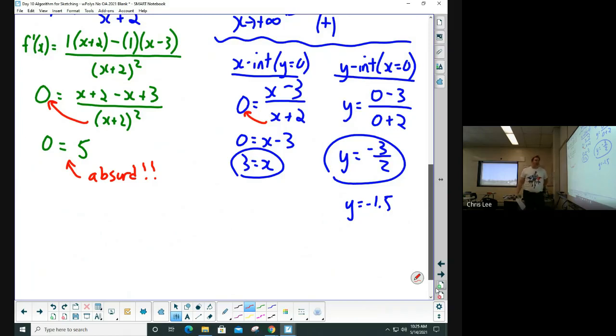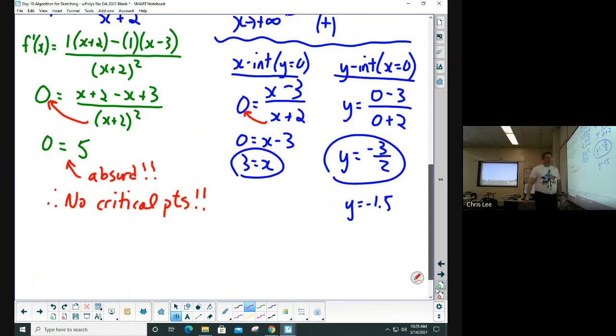And what this is telling me is I was trying to find all the spots where the derivative was equal to 0. And I end up with this, which means there is no spot that is equal to 0. It's impossible. This is impossible, which means there are no critical points.